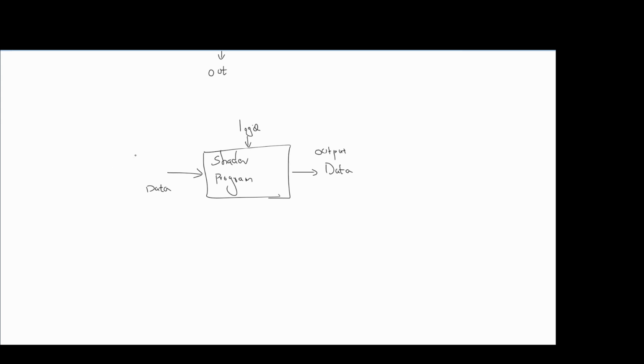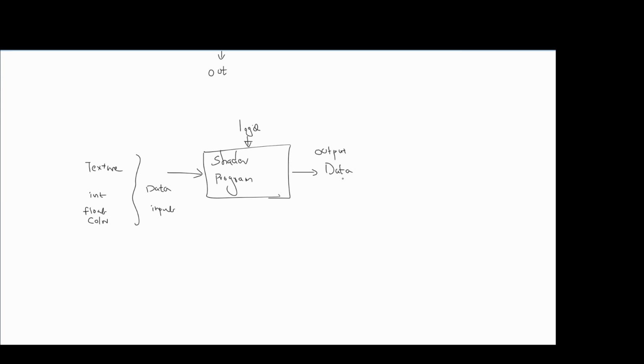The input data may have many things, like texture, integer value, float value, color. Several things will be on the input side as data, and the output has some data. We also apply some logic upon this input data.